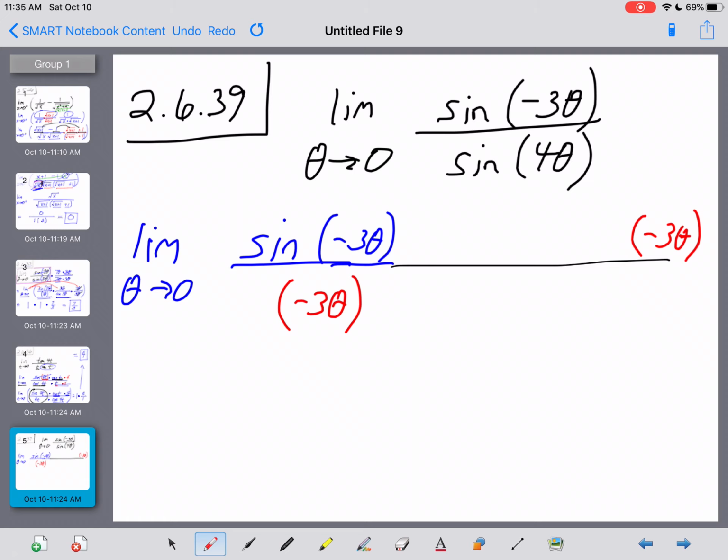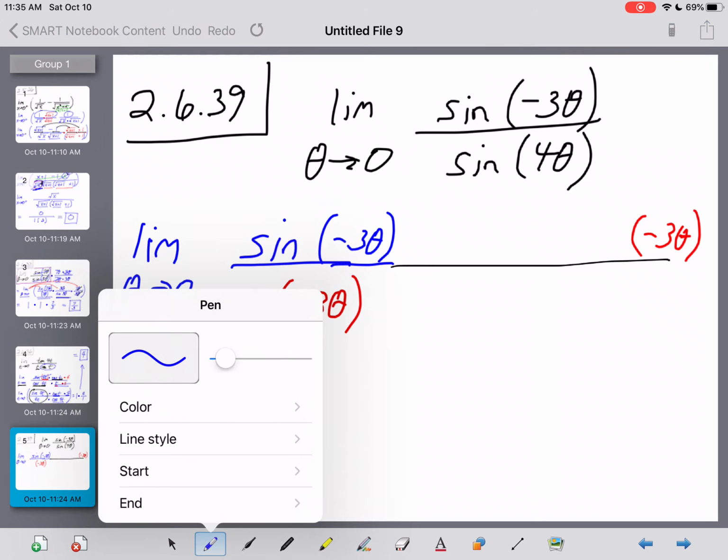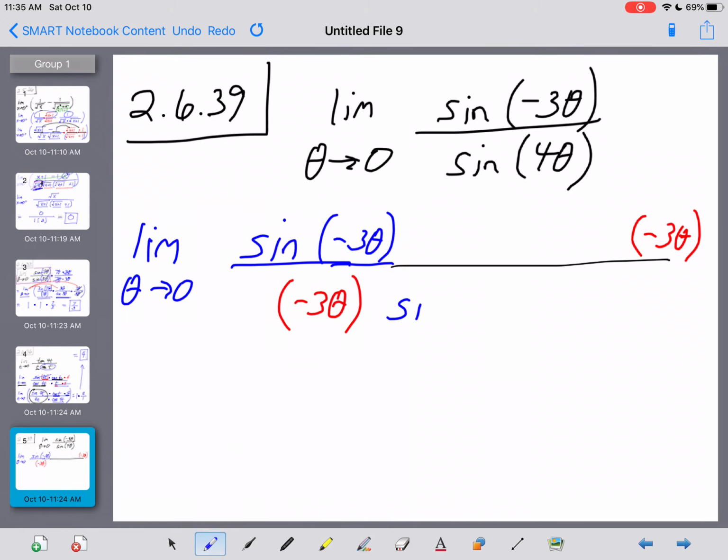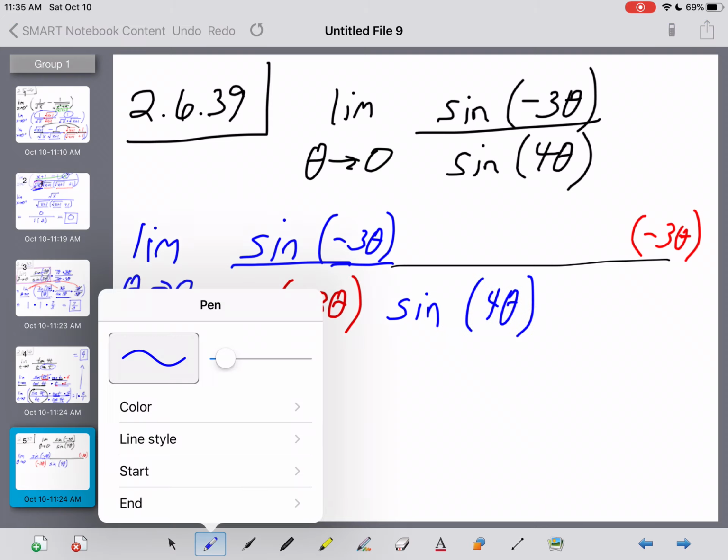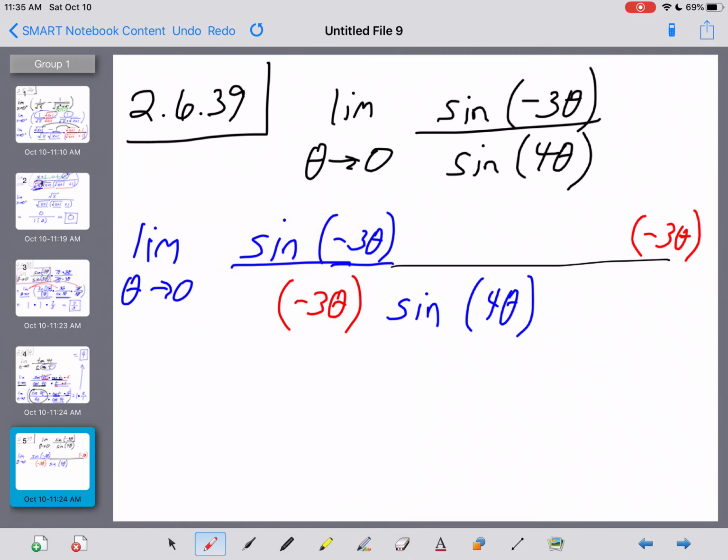Moving right along. We also have a factor on the bottom that's problematic, the sine of 4 theta in the denominator. The only way to deal with that is if we introduce a factor of 4 theta up here in the numerator, but then we'll have to put a 4 theta down here in the denominator as well.